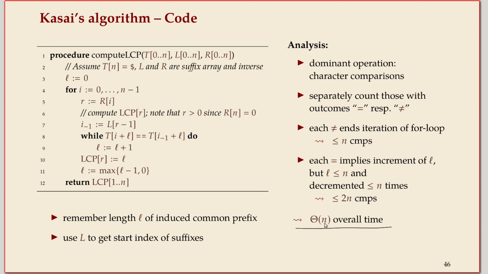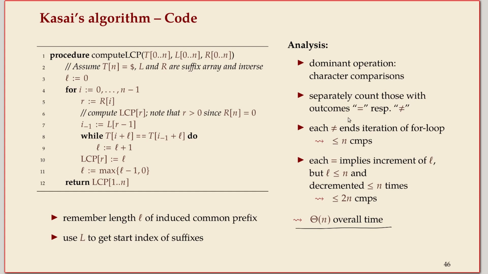Linear is obviously the best you can do here because the output already is n numbers long, so you can't really expect to be faster than that. That's just the time to write the output. And with a constant factor more, you actually can compute this output. The way to analyze it is quite similar to other algorithms we've already seen, for example, the KMP string matching algorithm or the computation of the failure links.